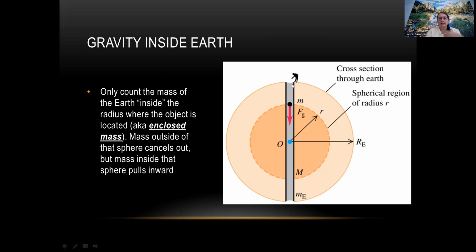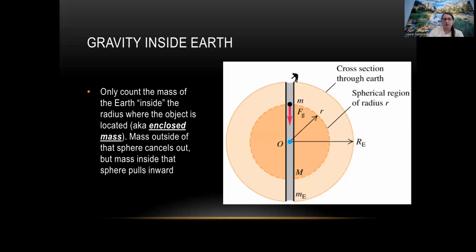So once we're inside of the earth, the mass that we're considering for our force of gravity calculation is only the mass that's inside the radius where the object is located. And so we call this the enclosed mass. So wherever this mass falls, as it falls down, that enclosed mass gets smaller and smaller and smaller.